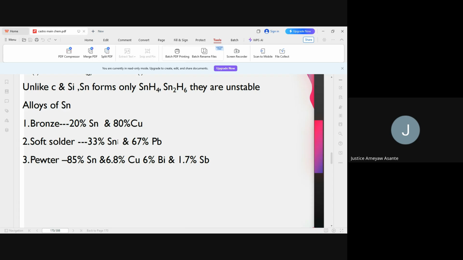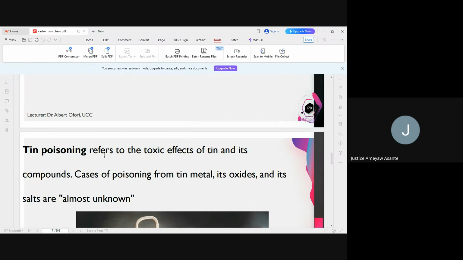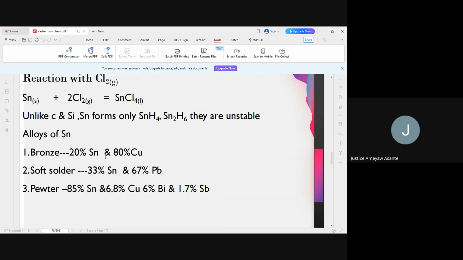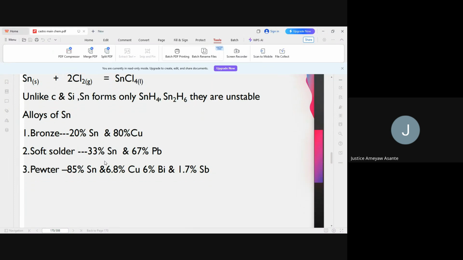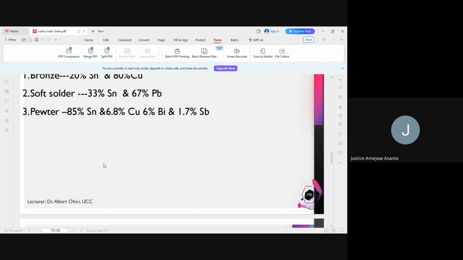In soft solder, tin is about 33%, and pewter. Bronze is made up of tin and copper. Soft solder is made up of tin and lead. And pewter is made up of tin, copper, and bismuth.